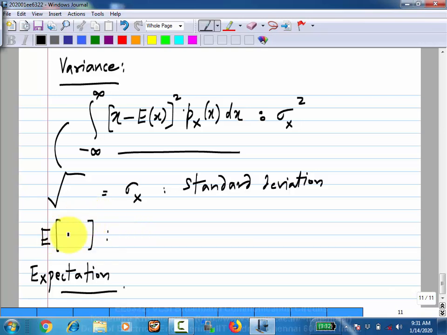Expectation of whatever quantity this is, some f of x, is basically you take this, you weight it with the probability density function and then integrate it over the whole range. Okay.